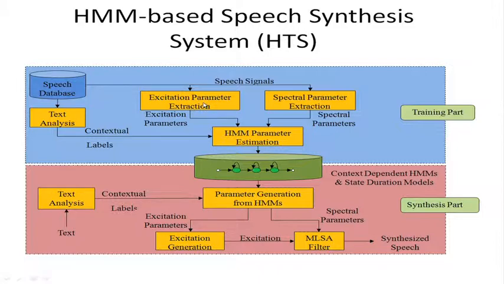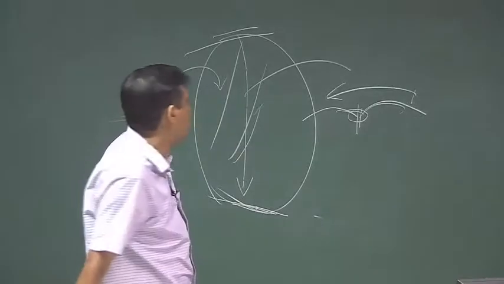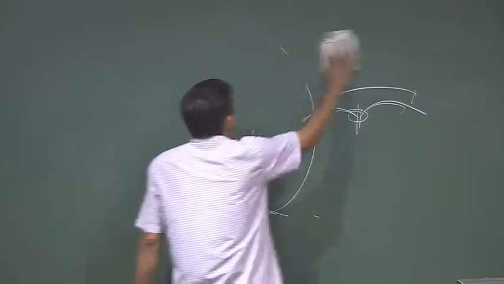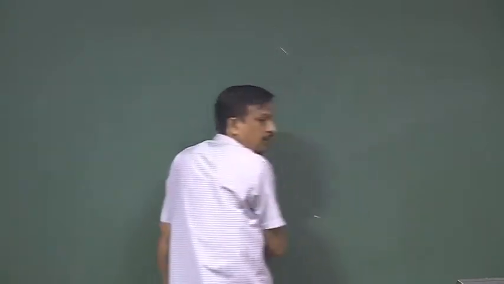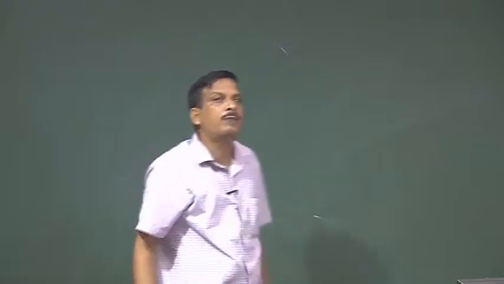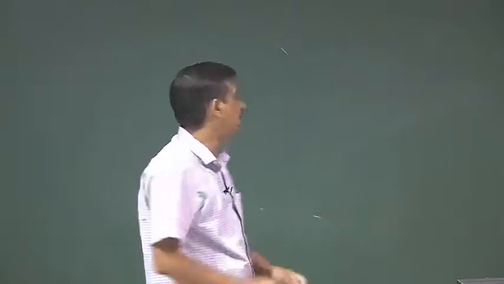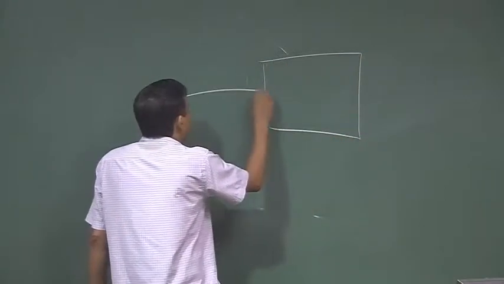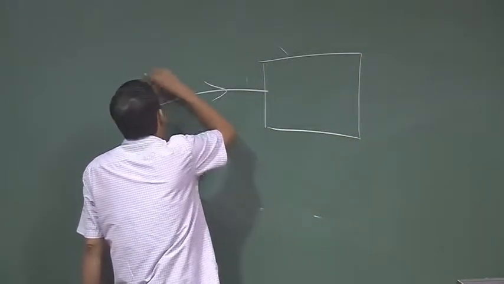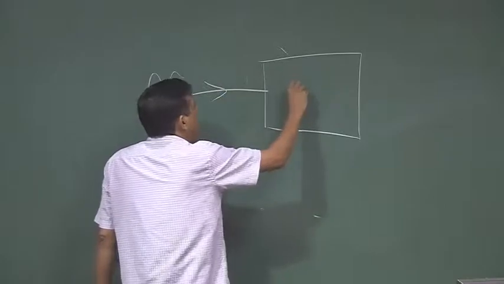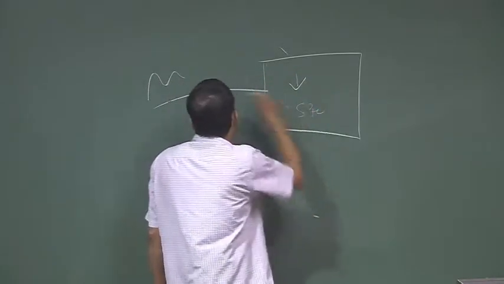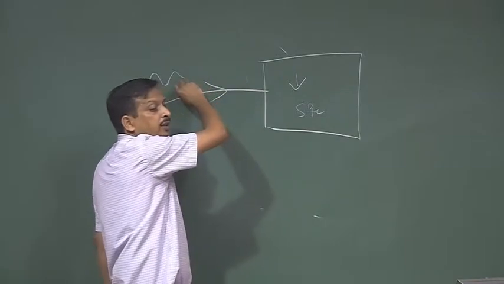The speech signal consists of two parts, one is called segmental and suprasegmental, or I can say it consists of excitation parameters and spectral parameters. Or you can say the vocal tract is excited by the vocal cord. So, I can say excitation parameter and vocal tract parameter. This is called the spectral parameter and this is called the excitation parameter.